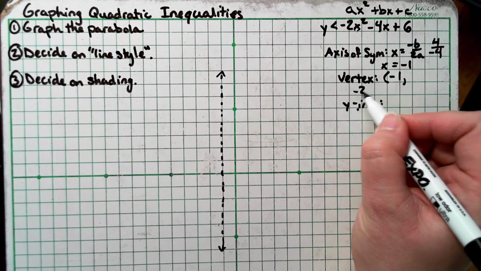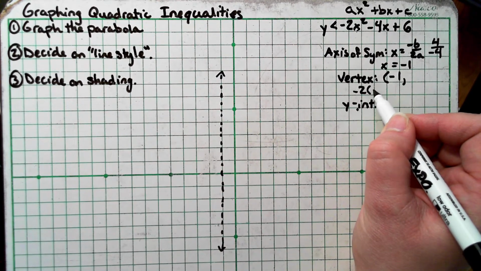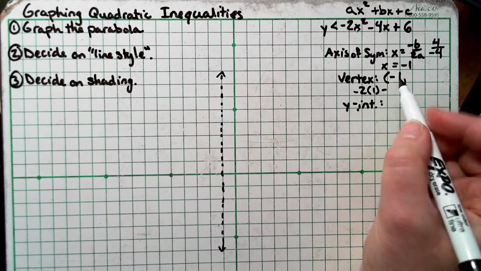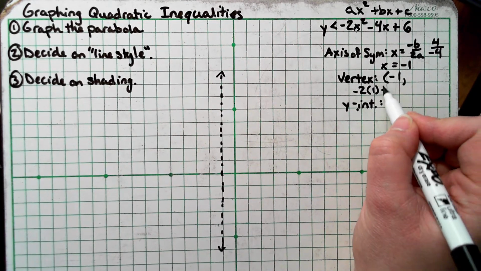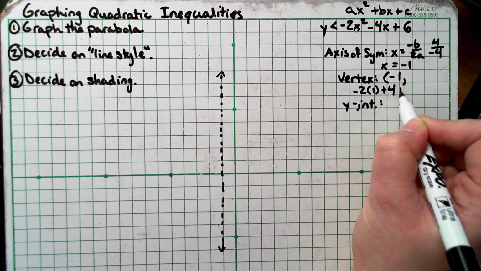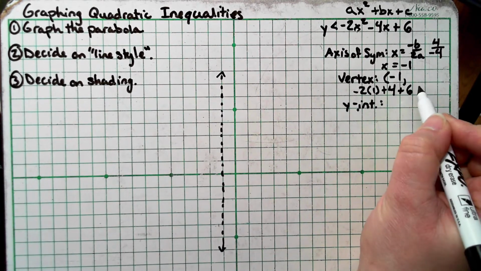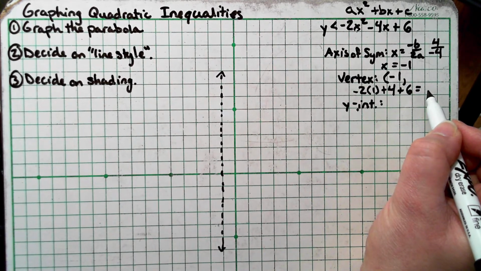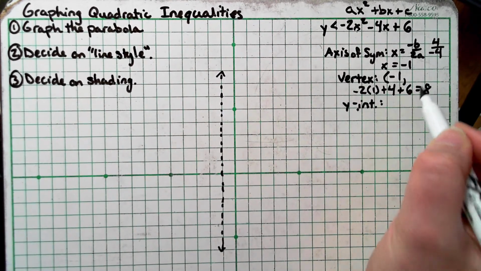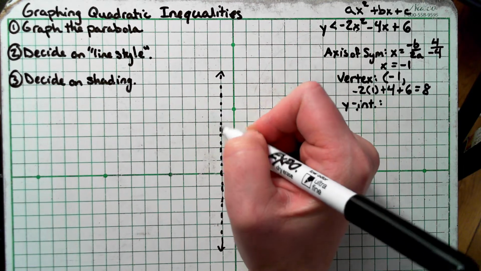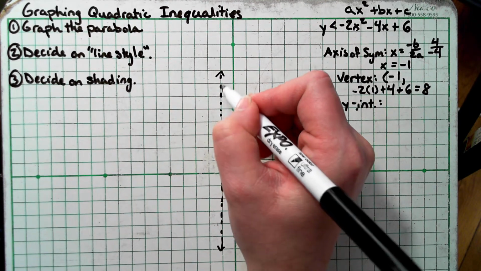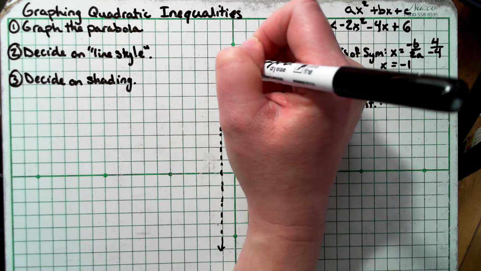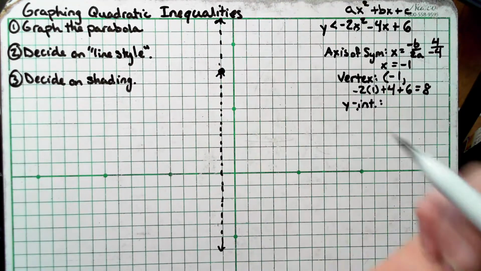Negative 2 times negative 1 squared, which is 1, minus 4 times negative 1 is positive 4, and plus 6. So this comes out to be 8. So I have the point negative 1, 8. So I'm going to put that, here's negative 1, 5, 6, 7, 8. This is my vertex of my parabola. Apparently I made this a little short.